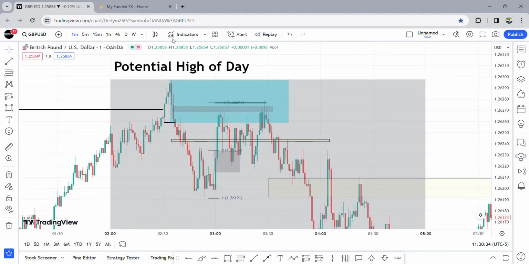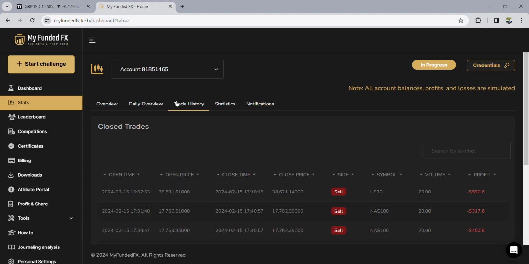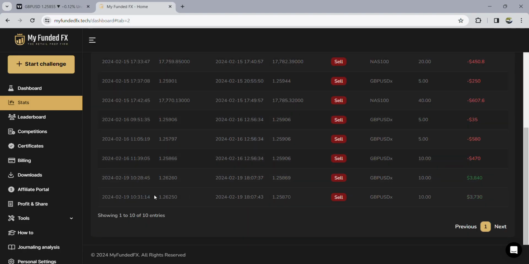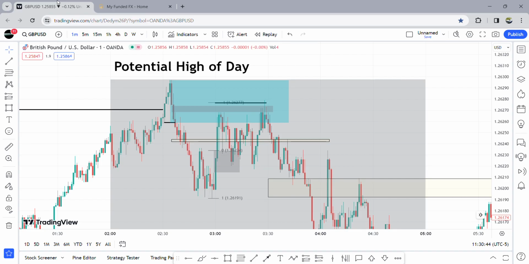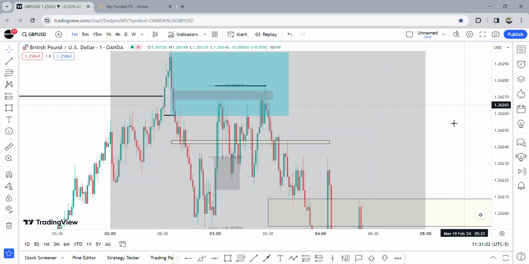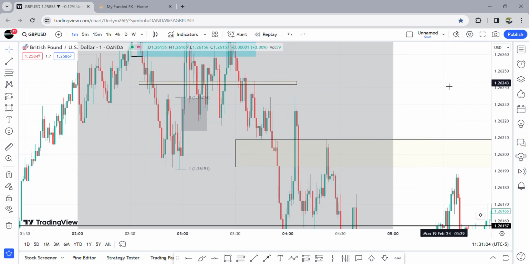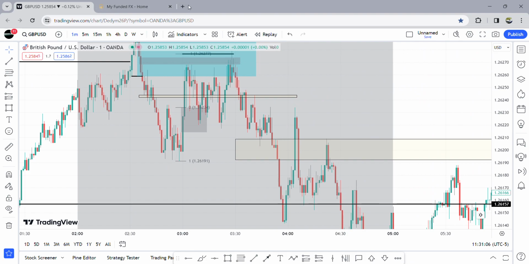Okay, let's go back into my account, trade history. What is the time? 10:31, 14 seconds, 10:28, 45 seconds. I can't go into seconds chart, but 10:48 would be, just make sure.